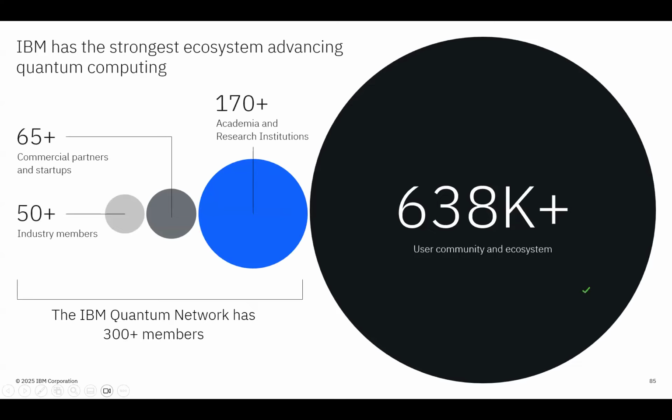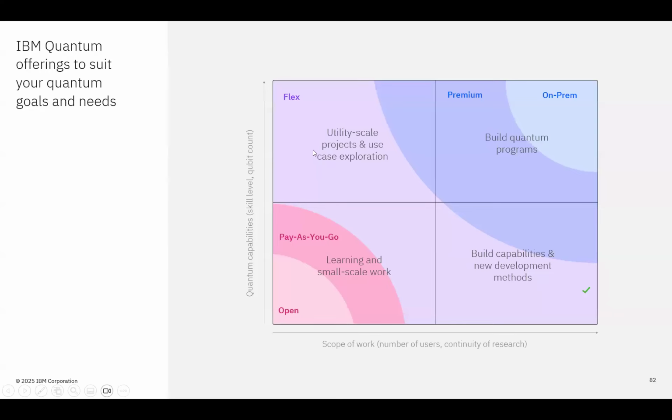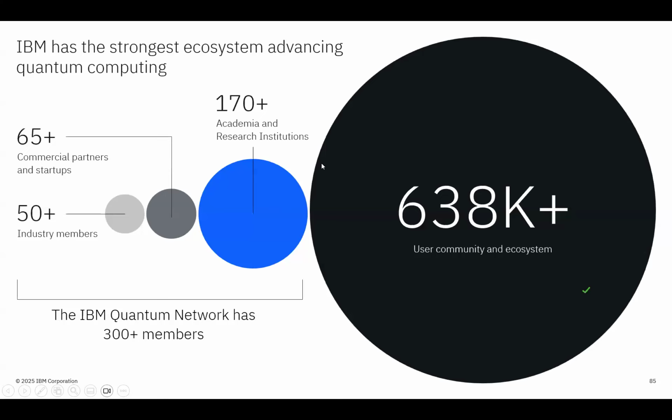For a couple of years we have worked on different plans and different possibilities for how to use the IBM ecosystem. As you can notice, we now have four different ways to work with us. The first one is the premium access, of course. This is the plan where you obtain the most. Then you have a flex plan.